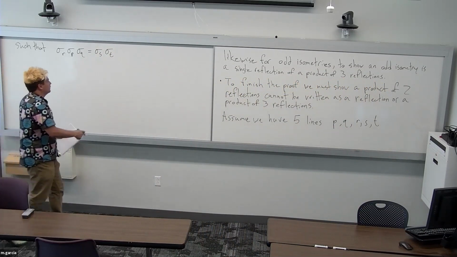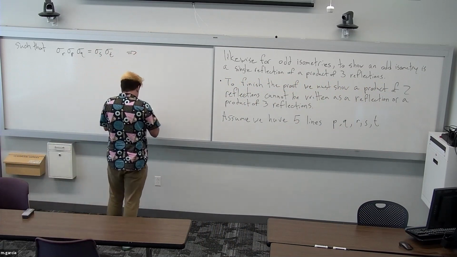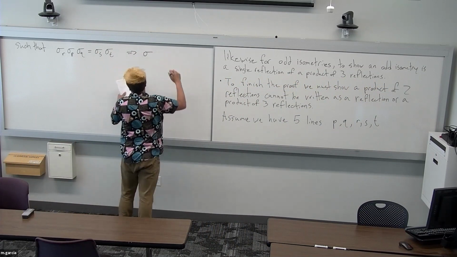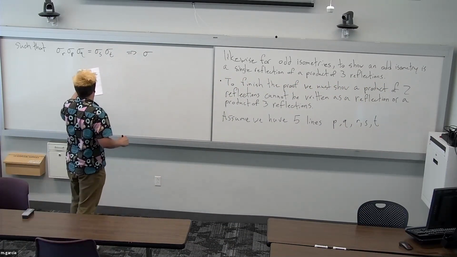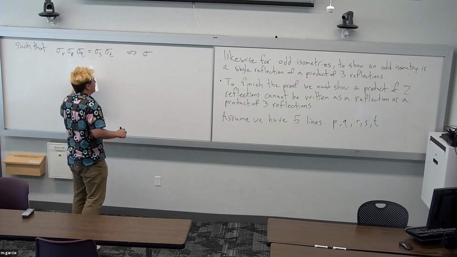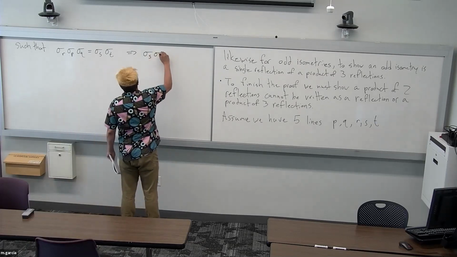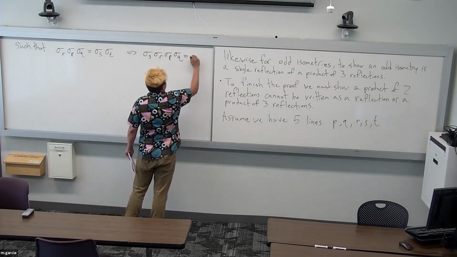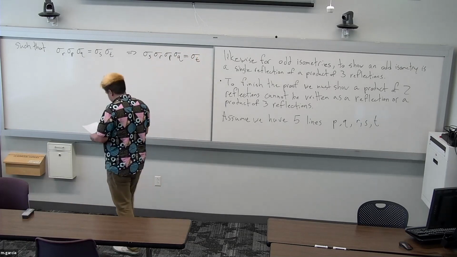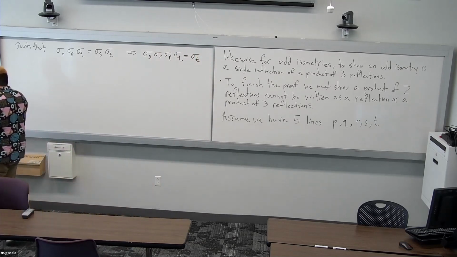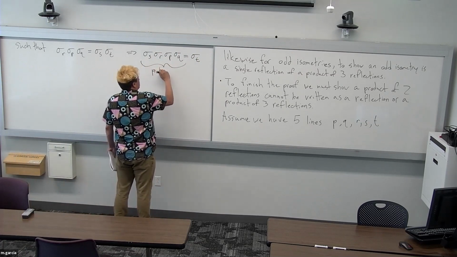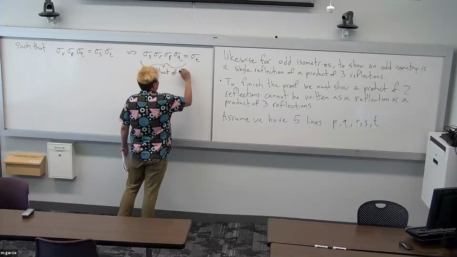Okay, well, of course, this implies that if we just multiply by sigma T, sigma S on the left, both sides, we get sigma S, sigma R, sigma P, sigma Q is equal to sigma T. Okay? Now, what do we have here? Product of 4 reflections.